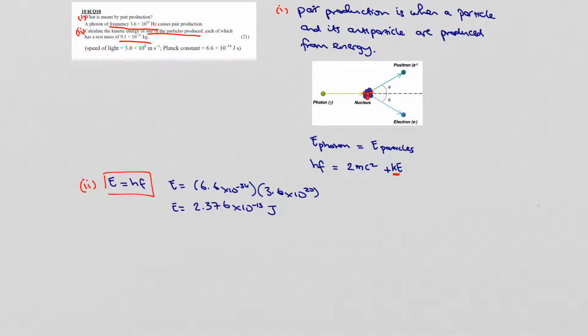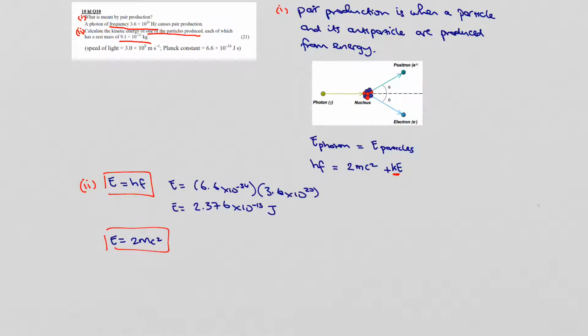So if we look at the second part of the equation, the energy needed to make these particles, E equals mc squared, but because the positron and the electron have the same mass, and any particle and its antiparticle will always have the same mass, it's always going to be 2mc squared for this pair production.